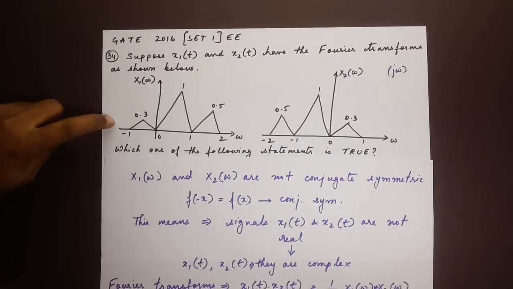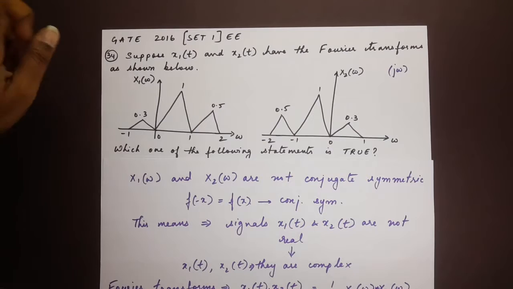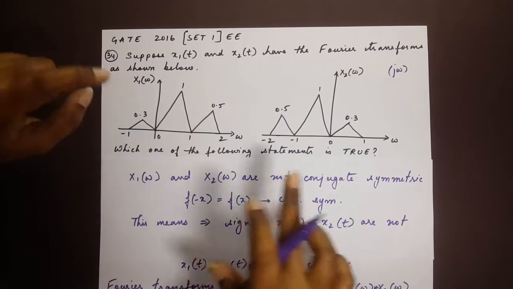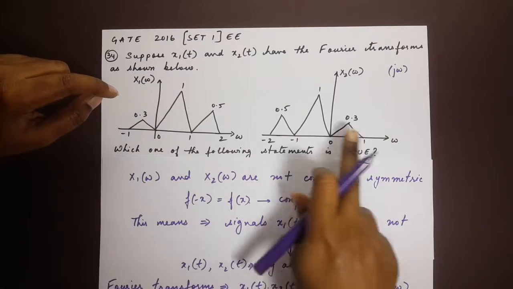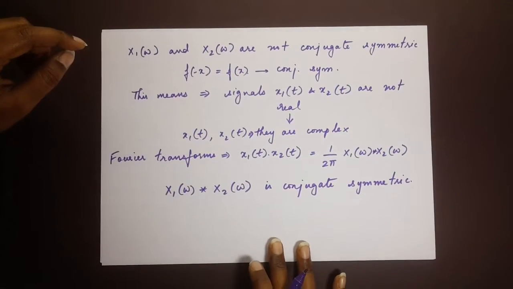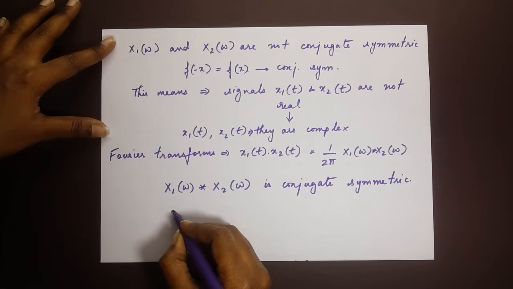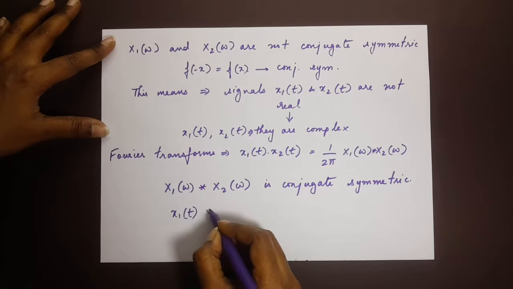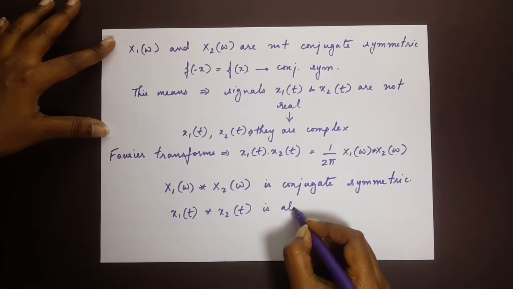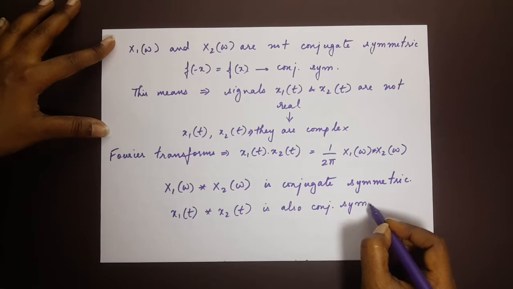Just the waveforms by themselves, x1 of omega and x2 of omega separately, are not conjugate symmetric, but if you multiply them together, you will notice that the waveforms are indeed conjugate symmetric. And because they are conjugate symmetric, its counterpart x1 of t times x2 of t is also conjugate symmetric.